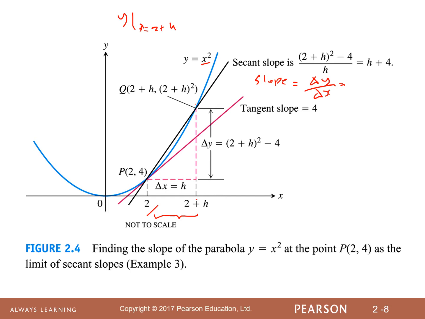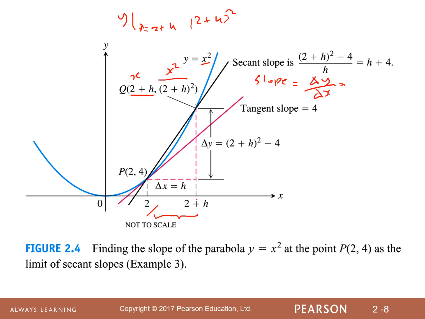If x is 2 plus h, what is the value of y? 2 plus h squared, right? So this y is (2 plus h) squared, and x is 2 plus h. Because x is always over here and x squared on this side. Okay?